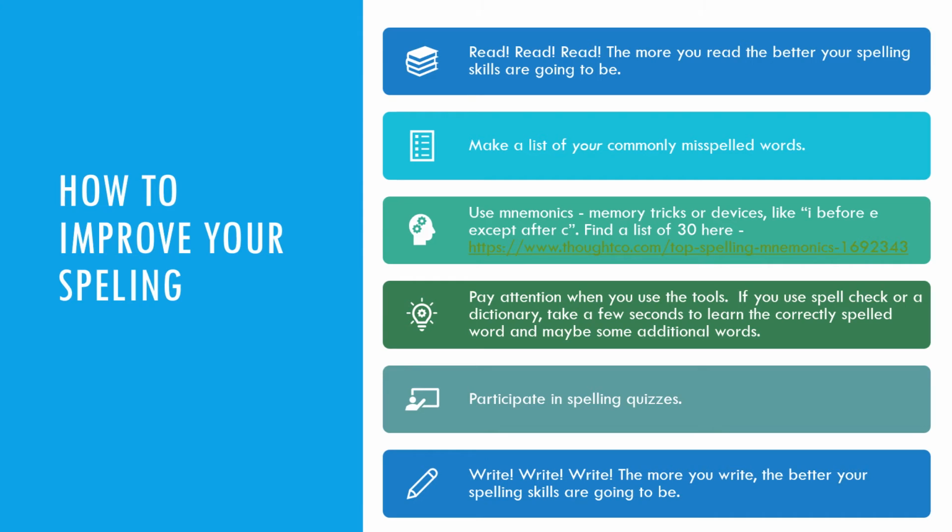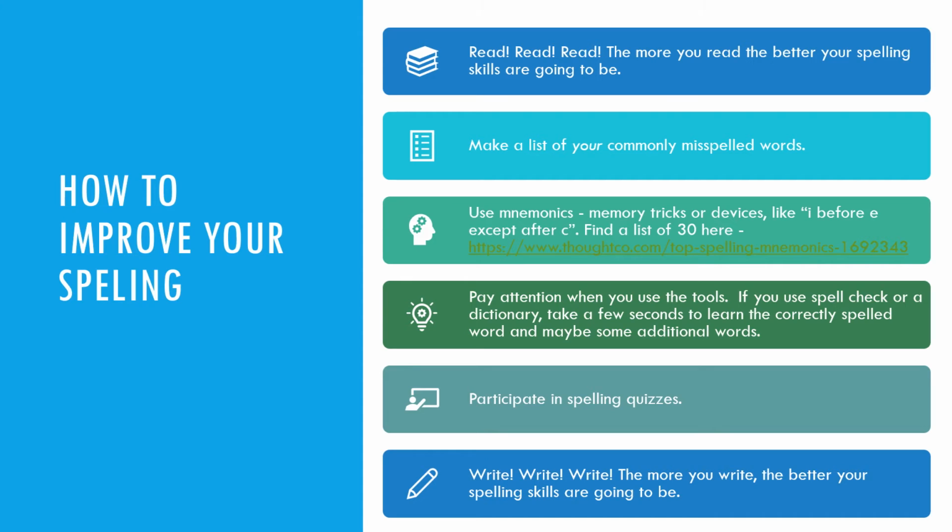The other thing you can do is make a list of your commonly misspelled words. Like that list of top commonly misspelled words that I found, you can make your own. When you do that, you recognize that there are some things that are causing you issues, and you can determine why, and you can slowly make changes. Sometimes all it takes is a conscious effort on your part to recognize something's wrong and to have the determination to make it right.